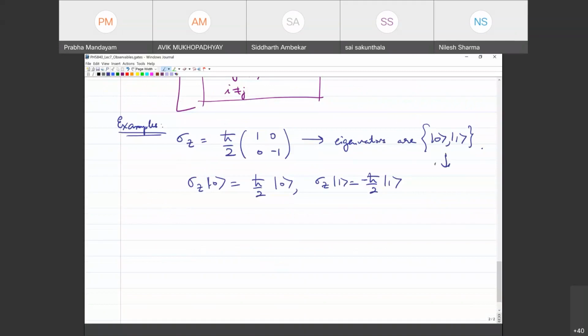Remember, we've already seen this terminology. So 0, 1 is what is often called the computational basis, or the standard basis as far as quantum computation is concerned.